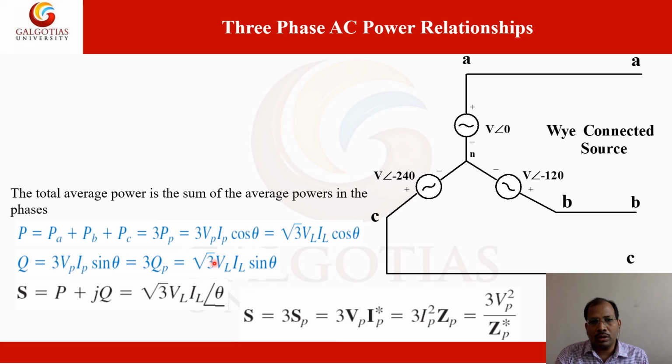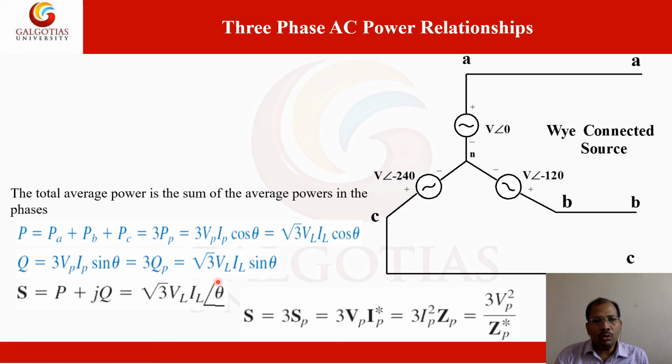So this is root 3 times VL IL sin theta. Then we can obtain the apparent power S is equal to P plus jQ. P and Q we already calculated, so we can put them here. Representing it in polar form, we can write root 3 times VL into IL at angle theta.